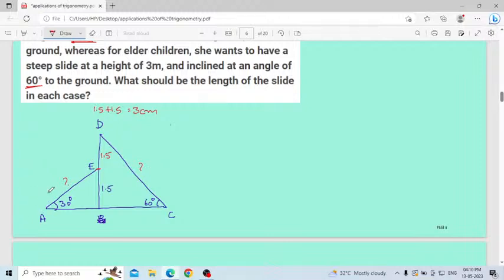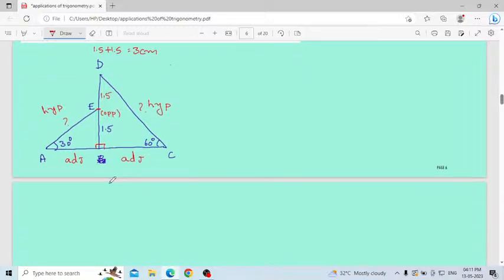Okay, consider here. First let us identify which one is adjacent, hypotenuse, opposite, everything. This one is 90 degree, therefore this one is adjacent. Then opposite to this is hypotenuse. This one is hypotenuse. This is also hypotenuse. This one is opposite. Okay, consider here.